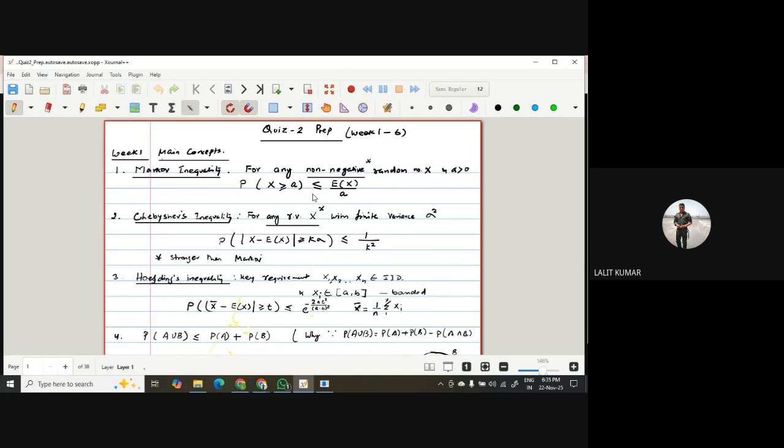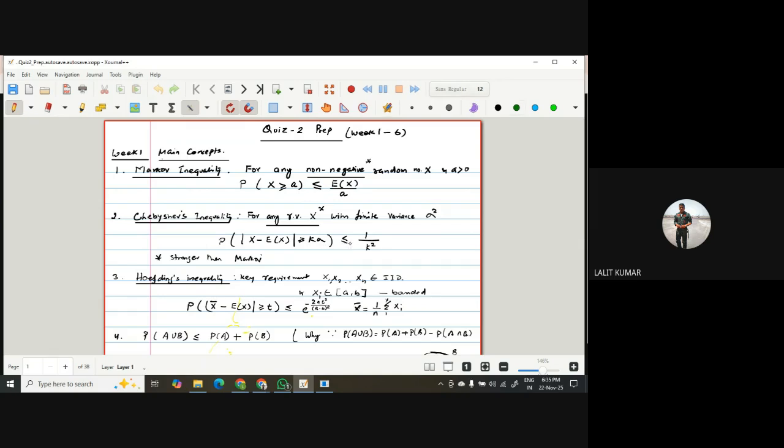Now we come to Chebyshev's inequality. Chebyshev's is applicable for any random variable, whether it is positive or negative. And for Chebyshev, we need finite variance. It says the probability of absolute value of X minus expectation of X greater than or equal to k standard deviations is less than or equal to 1 by k square.